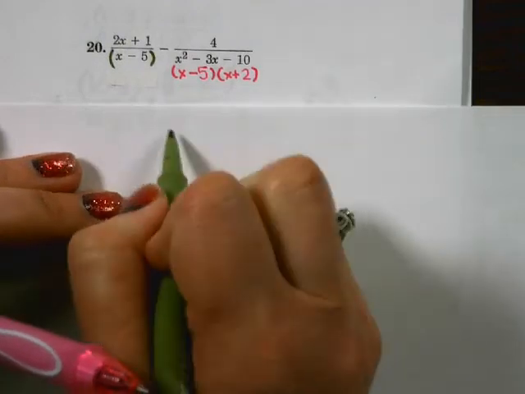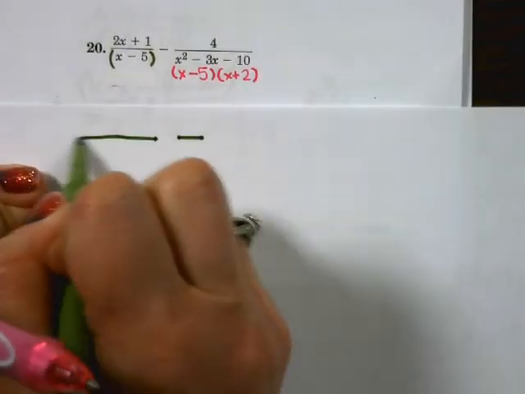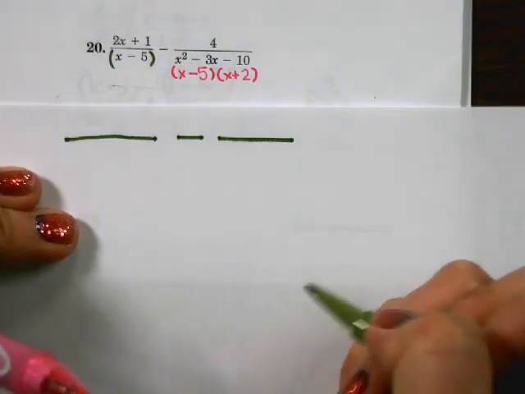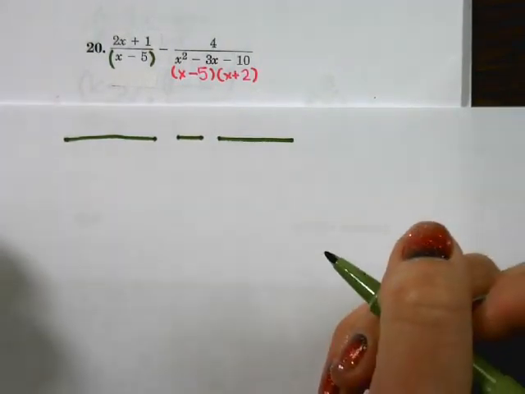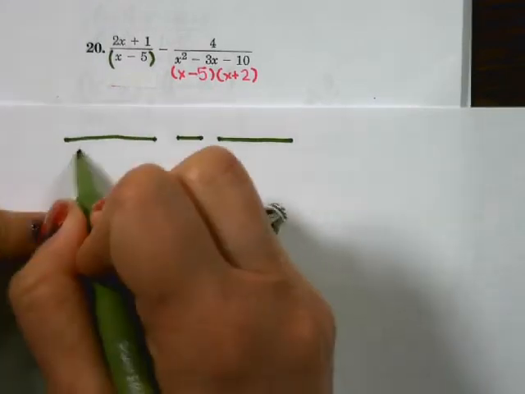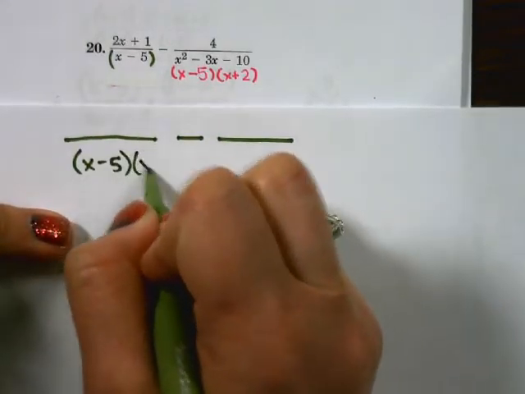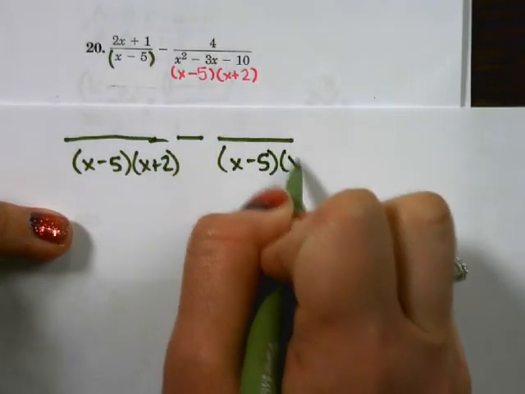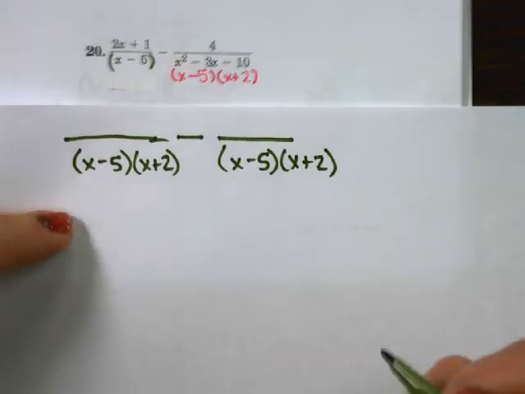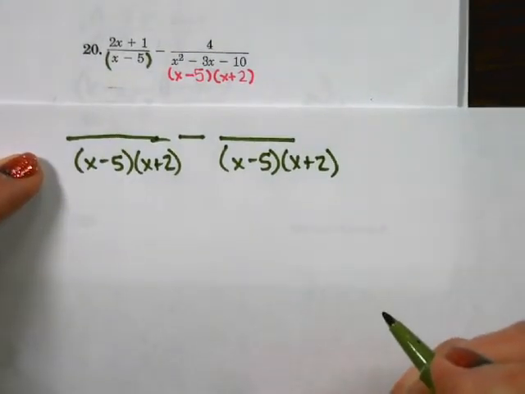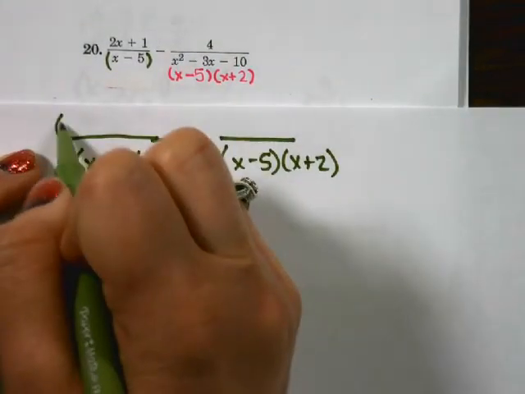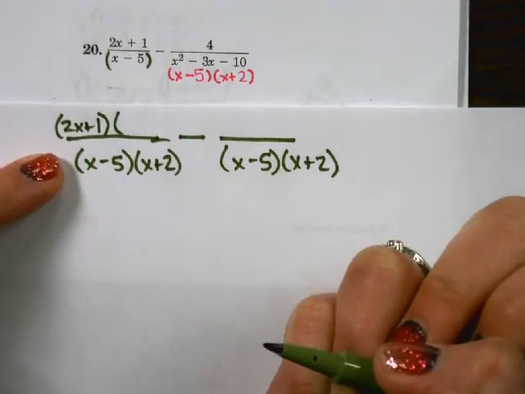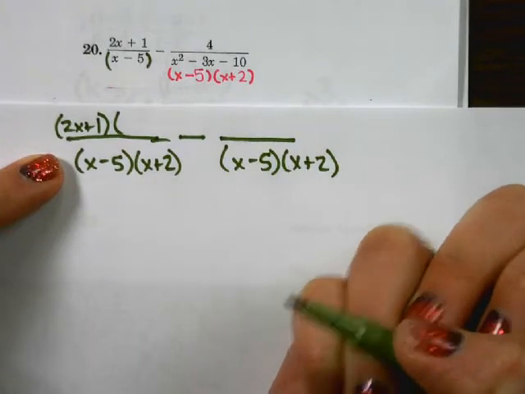Okay, so if I look at this and I set up my fractions, what's my common denominator? If it's in 1, it's got to be in the new one. x minus 5, x plus 2. Okay, well this one already had a 2x plus 1. So what's new over here? x plus 2 is new.